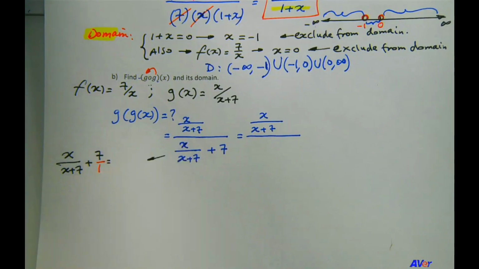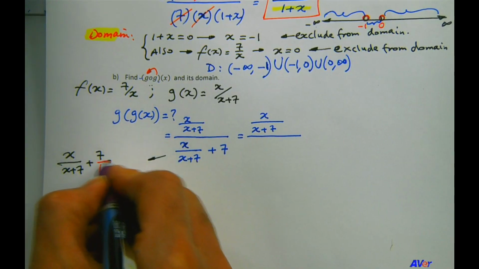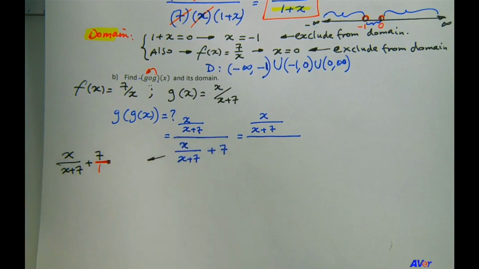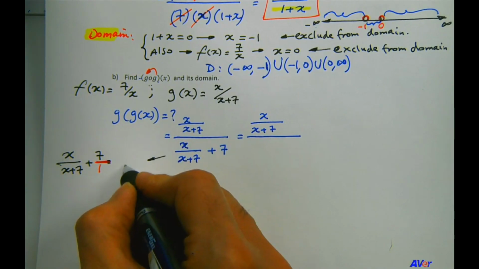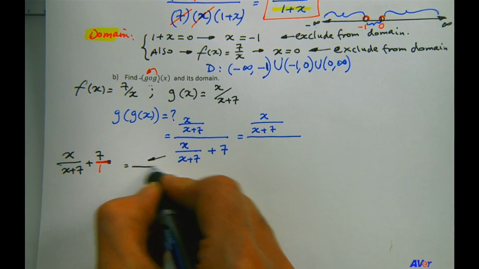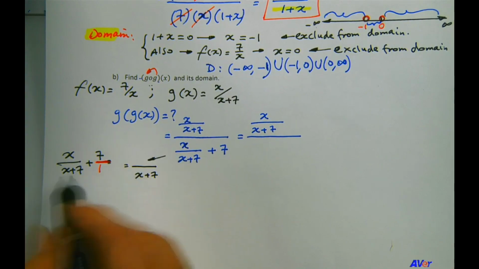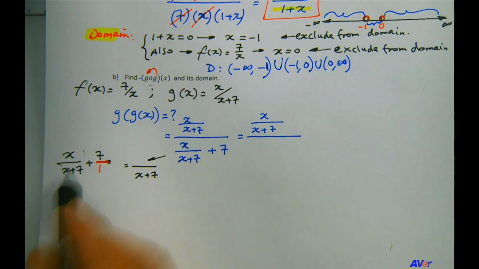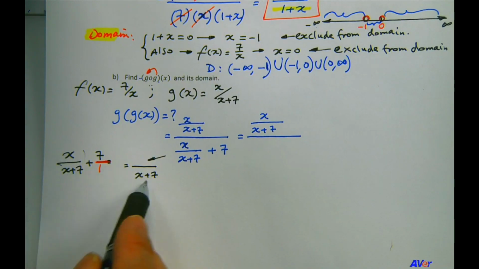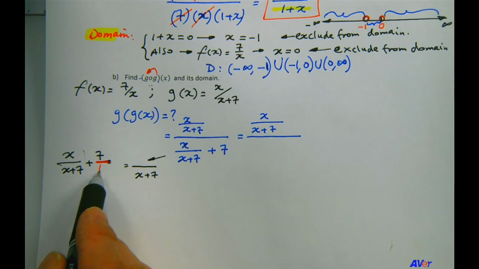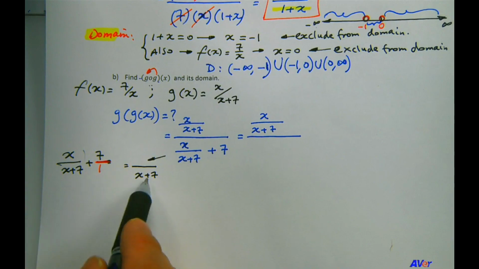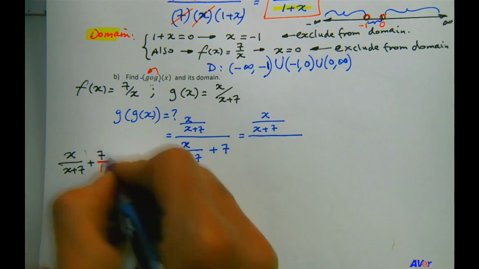Oops, I didn't want to put that so close, so let me put that like that. It's equal to x plus 7. That's the common denominator. This fraction is happy because it's got a denominator that is equal to the common denominator. But this one is not, right? So it wants the denominator 1 to become x plus 7. How are we going to be able to do that?